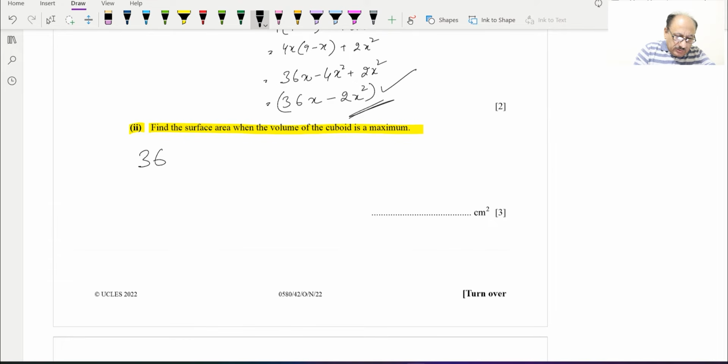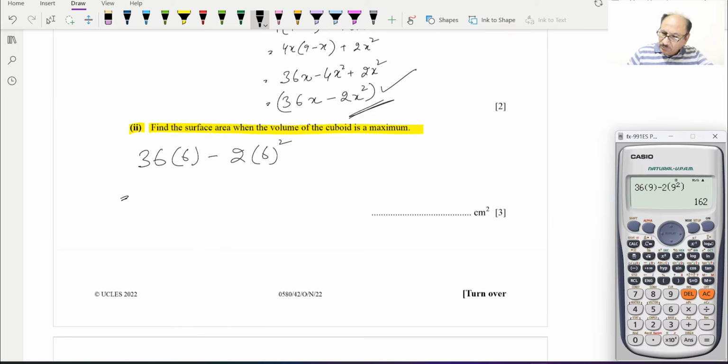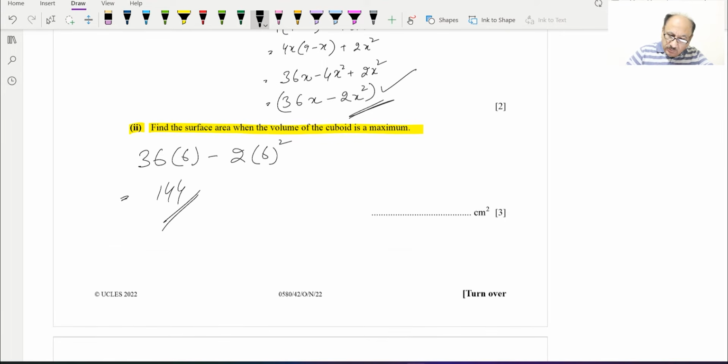So it will be 36 into 6 minus 2 into 6 square, and this will be equal to 144. So 144 centimeter square will be the answer for this part.